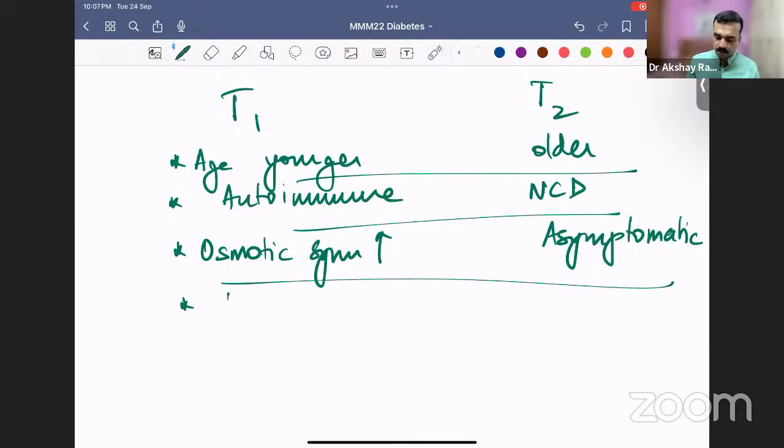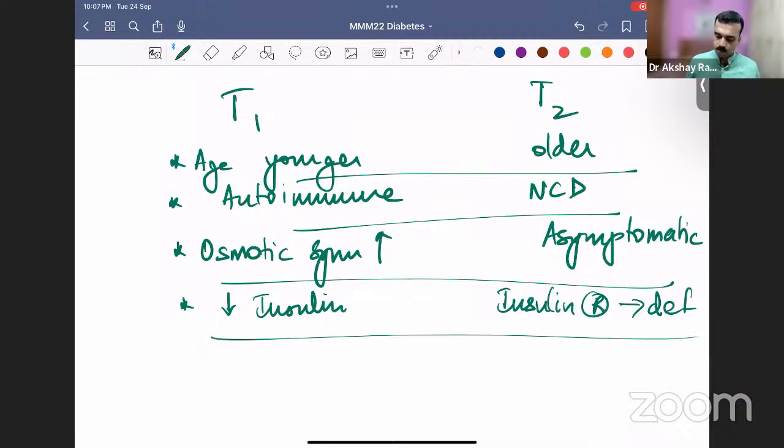What happens to insulin? Low insulin in type 1. In type 2, this is initially insulin resistant, then progresses into deficiency. Okay. Treatment wise, so autoimmune, so diagnosis requires autoantibodies.